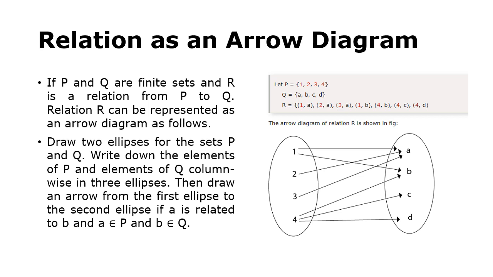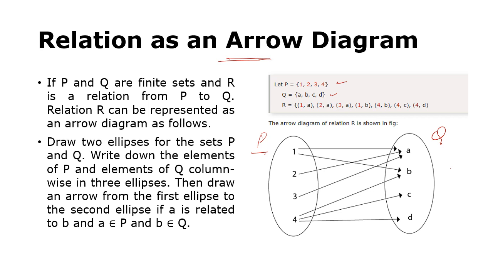Now, while representing the relation as an arrow diagram, what we do is we represent the two sets as ellipses. Let's understand it with the help of this example. Let us say that set P is given as 1, 2, 3, 4 and the set Q is given as A, B, C, D. So this is the set P and this is the set Q, and we list all the elements of P over here, all the elements of Q over here.